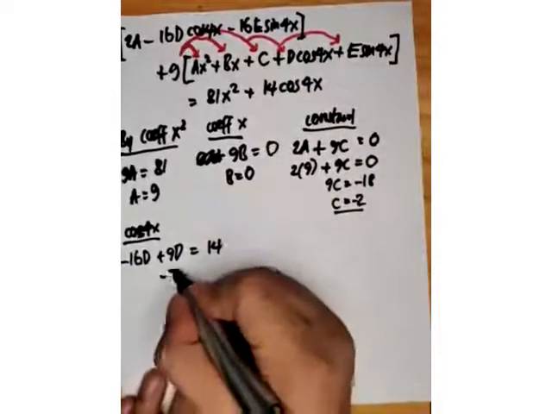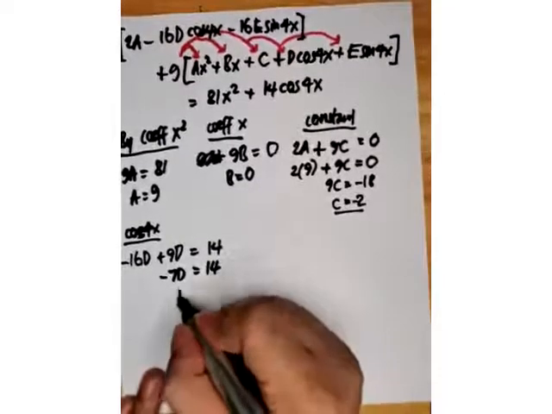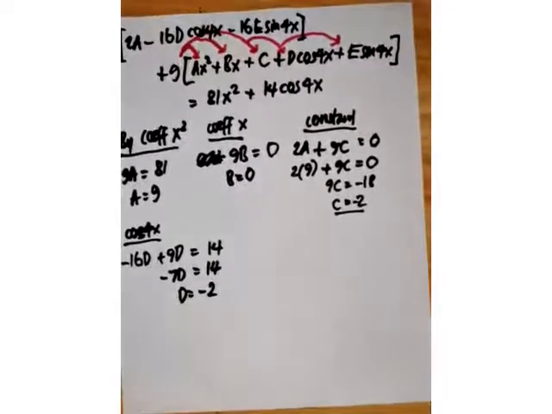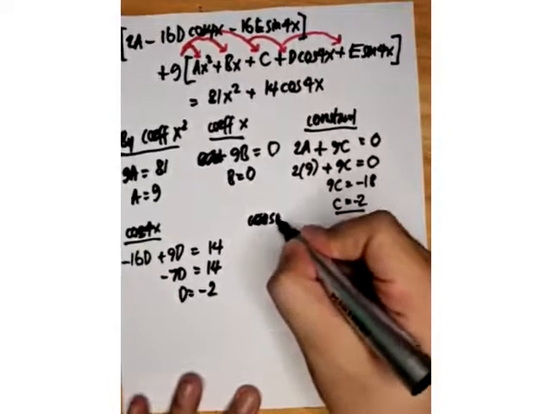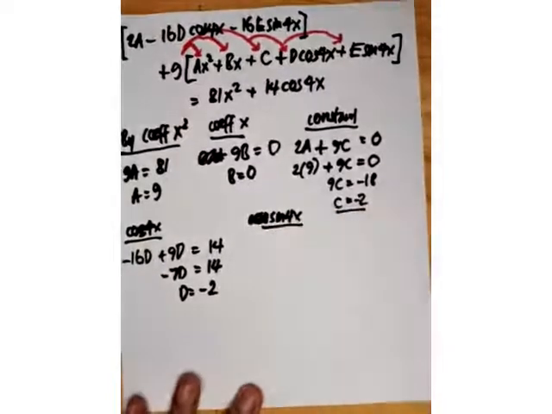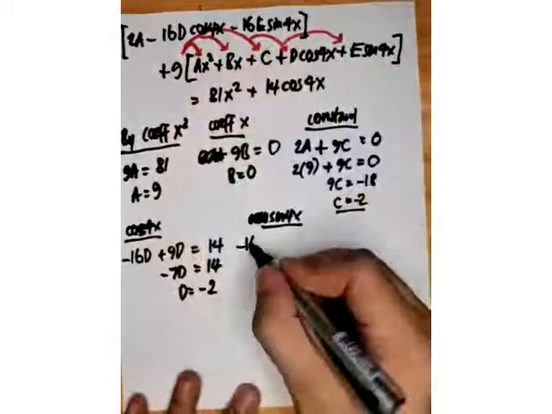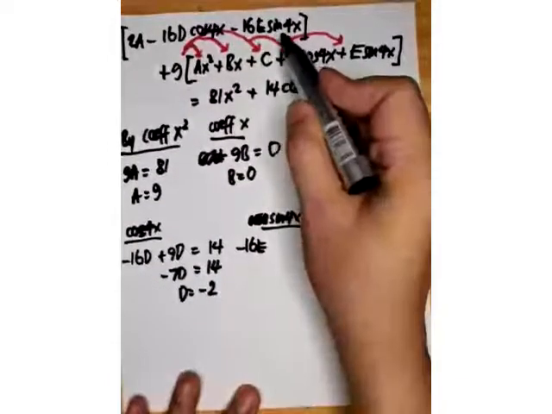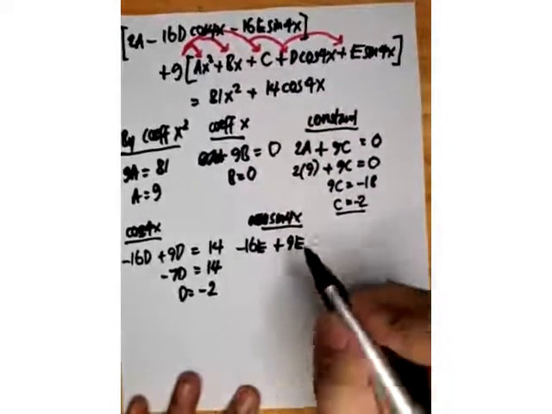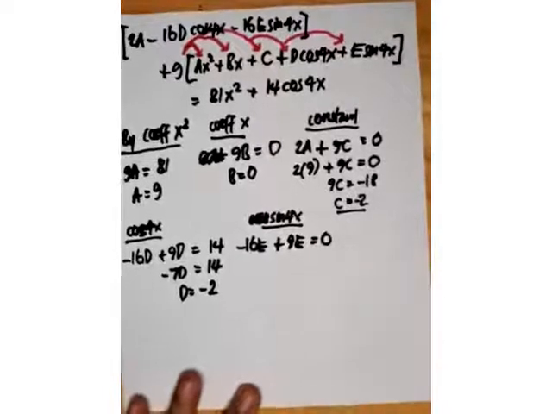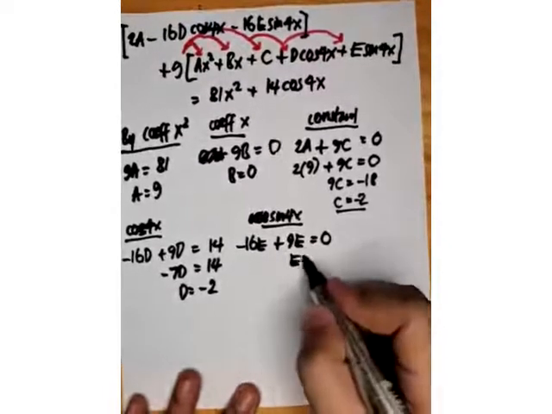So negative 7d is equal to 14. So d is equal to negative 2. And the last one is sine 4x. Okay, sine 4x, we have negative 16e plus 9e is equal to 0. Ayan. So e is equal to 0.